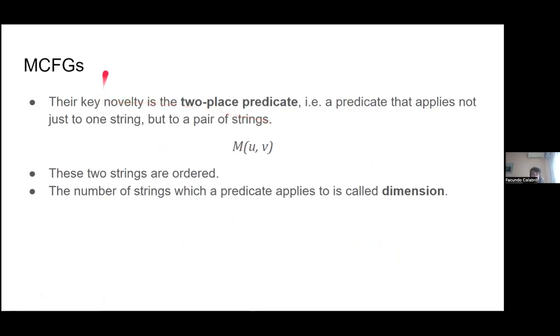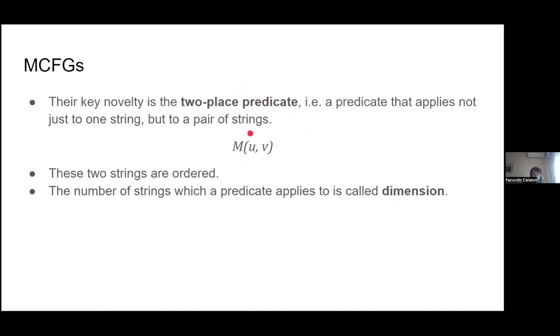Okay, so let's see what the MCFG's properties are. Their novelty is that they have two-place predicates, which are predicates that apply not only to one string, but to a pair of strings. And these two strings, as I have said, are ordered, and the number of strings which a predicate applies to is called dimension.